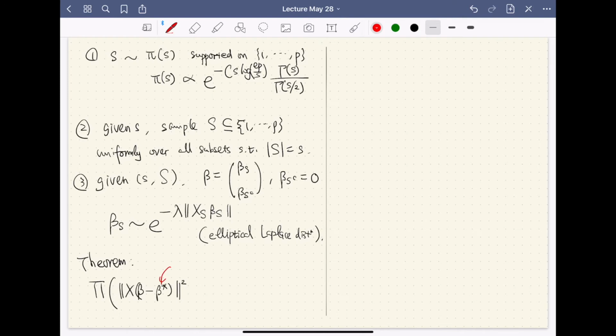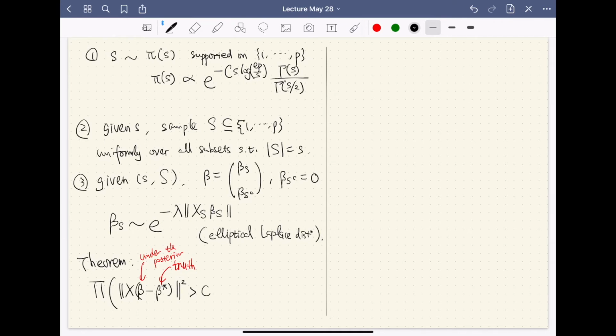Beta star is the truth, the true regression coefficient, and beta is under the posterior, so this beta is random, distributed according to the posterior distribution. And this is the truth that generates the data. So I'm looking at the error under the posterior distribution, the error greater than some constant.